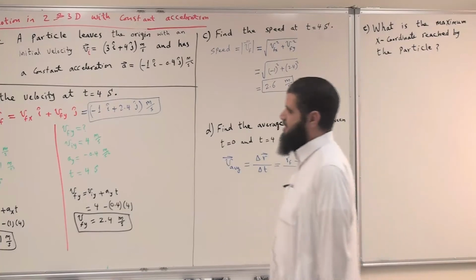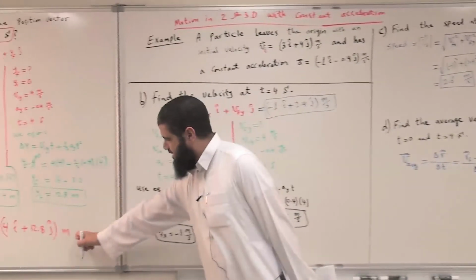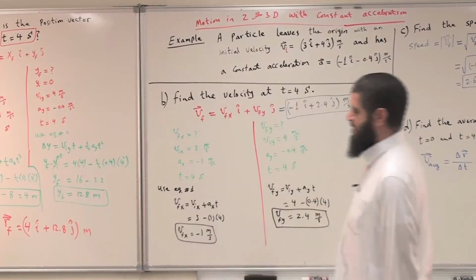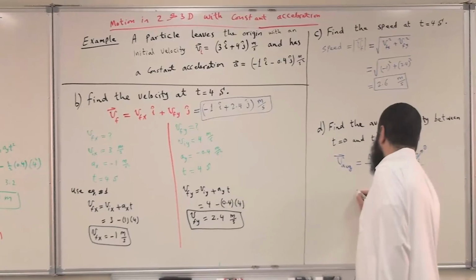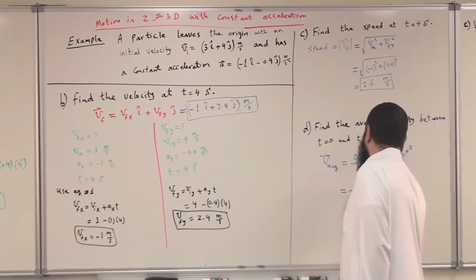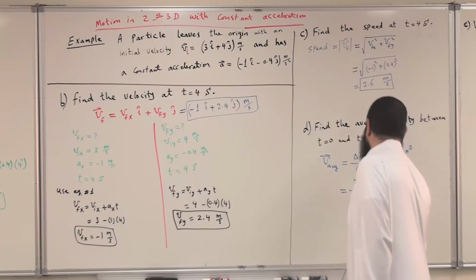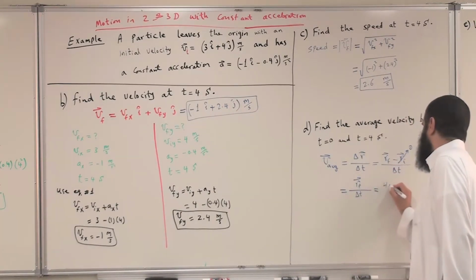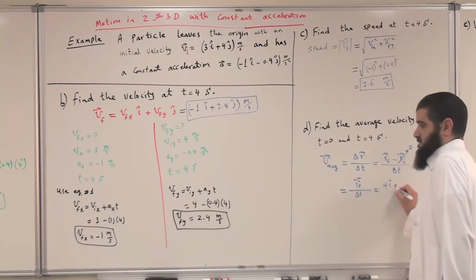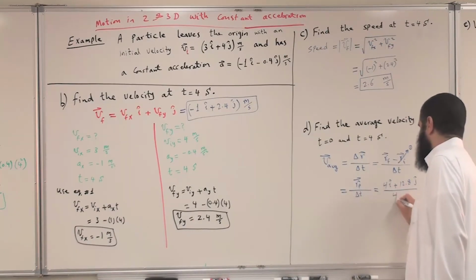So what is R final? We found this at the beginning in part A. R final is 4I plus 12.8 J. So V average will be R final divided by delta T, which is 4I plus 12.8 J divided by 4.